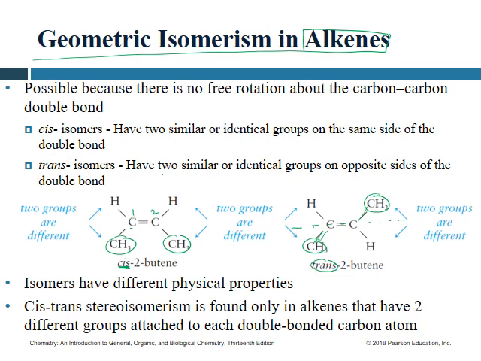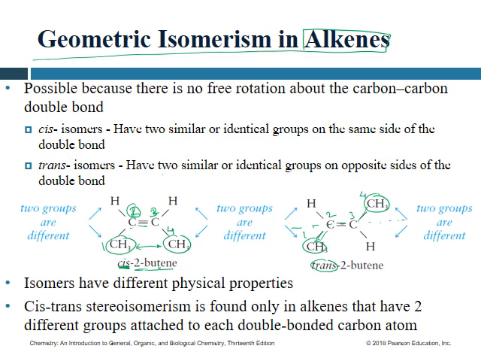So this is cis, this is trans, and then why is this 2-butene? Because you have to number it 1, 2, 3, 4. So cis because they are on the same side, and 2-butene because the double bond is present on the second carbon, cis-2-butene. This is trans-2-butene, still the same, 1, 2, 3, 4.